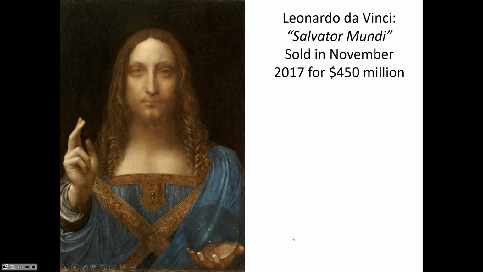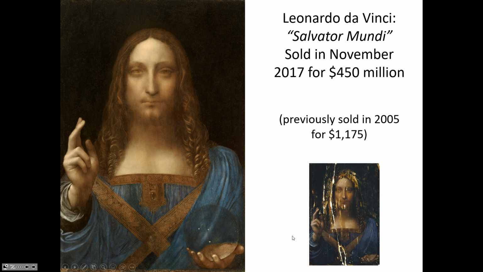This painting has a really interesting history. It didn't always look this good. Back in 2005, it was sold for $1,175, the same painting. But it was in really bad shape. This is what it looked like when it was purchased in 2005.